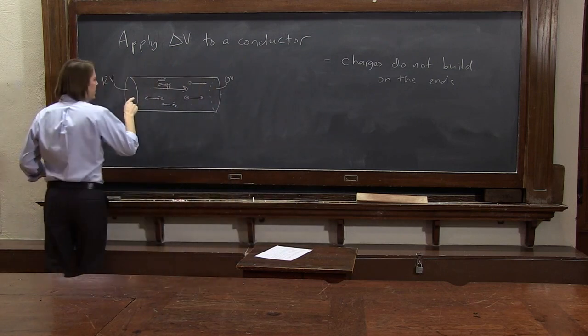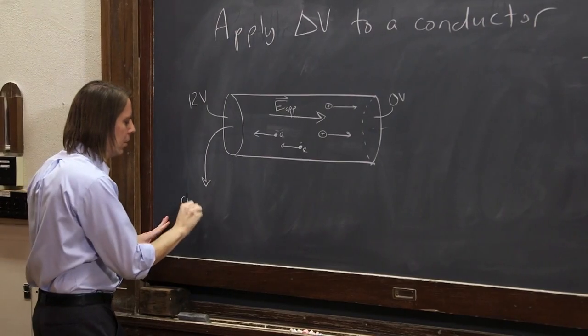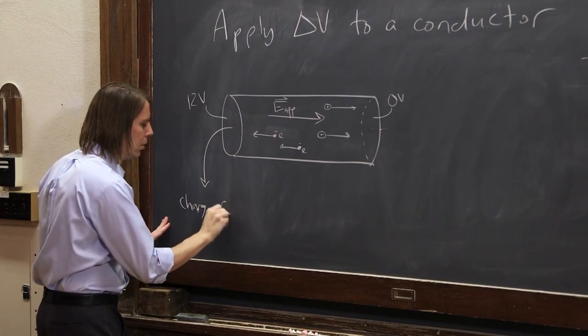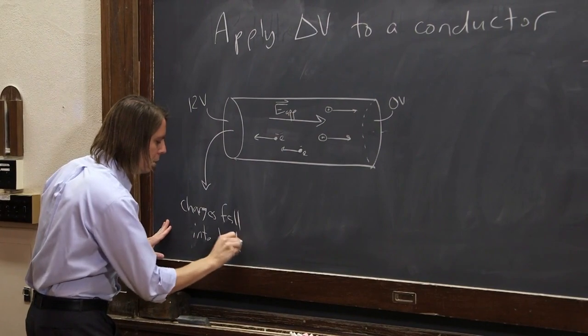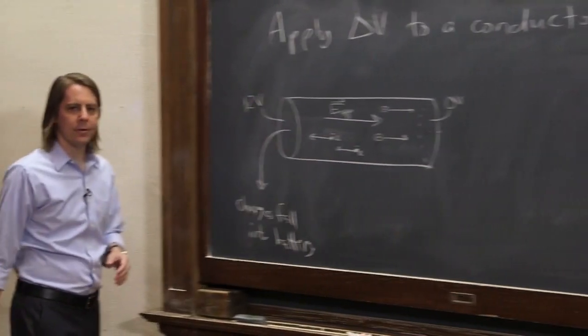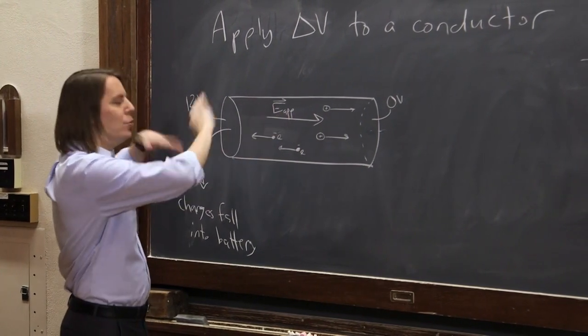When the charges get here, they don't build up, they just fall into the battery. That's how it's physically different from sticking the conductor in just a uniform electric field.